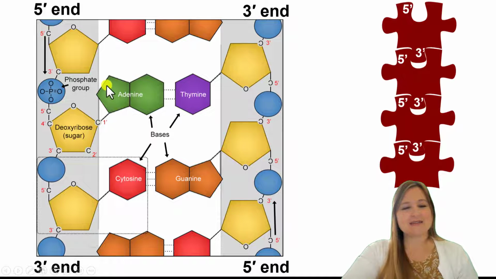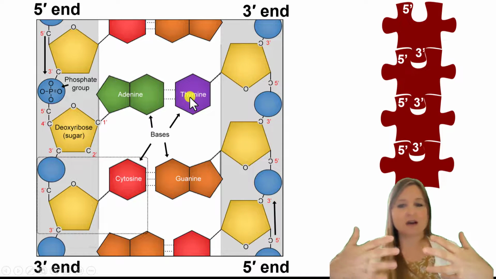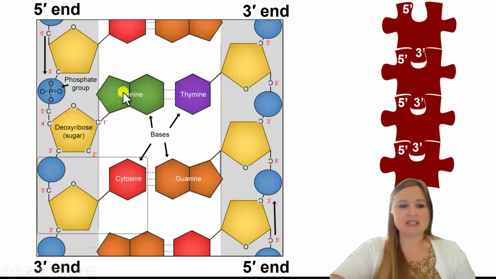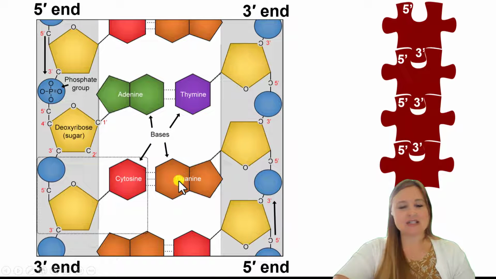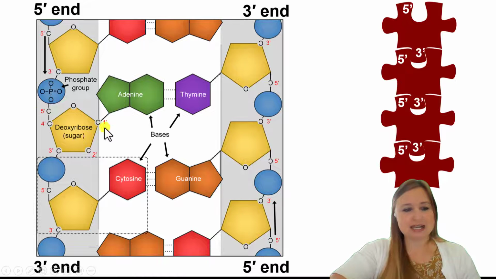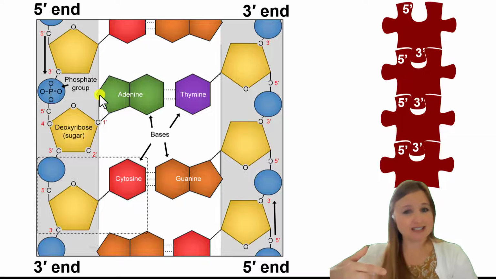And then the different bases, adenine, thymine, cytosine, or guanine, they stick into the middle of our double helix structure, and they base pair with each other. So adenine is always going to base pair with thymine, and cytosine is always going to base pair with guanine. And again, if it's of interest to you, the nucleotides are bonded together through what we call phosphodiester bonds.